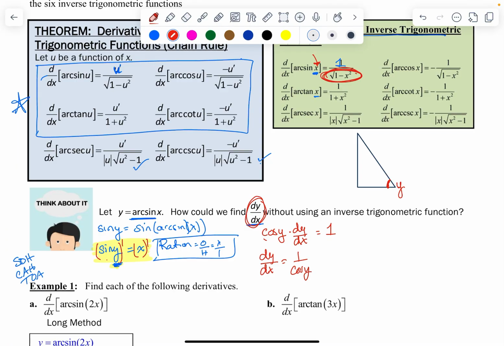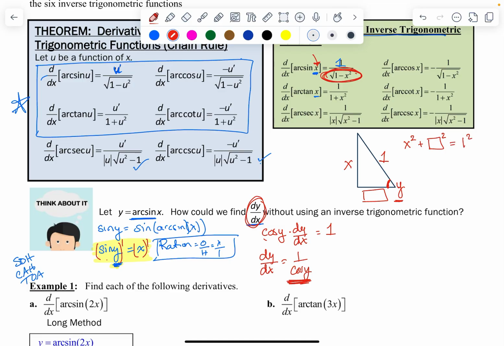And according to this, the sine of this angle y is opposite over hypotenuse, which is x over 1. Now, to figure out this problem, we got to figure out what is cosine of y. And of course, we can do that using the Pythagorean theorem. So this tells us that x squared plus our unknown term squared is equal to 1 squared.